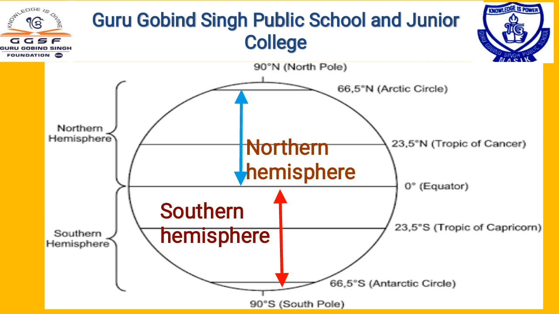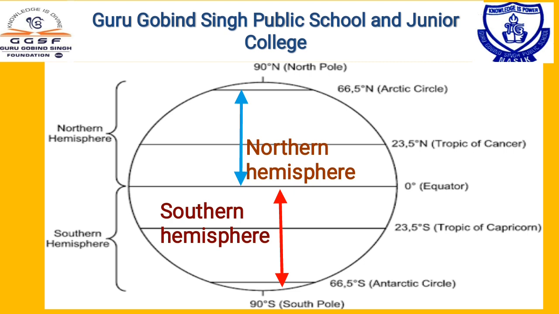You can see in the north part, at 90 degree the point is there, and in the south part at 90 degree a point is there. The point at 90 degree north is known as the North Pole, and in the south part that point is known as the South Pole. Understand? Okay.